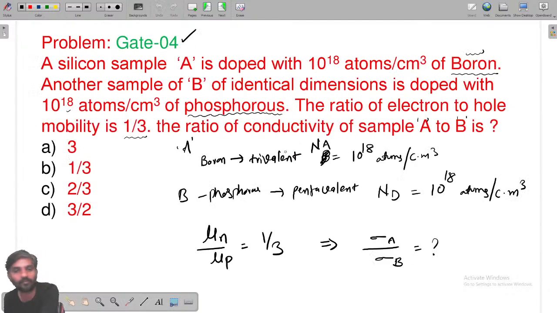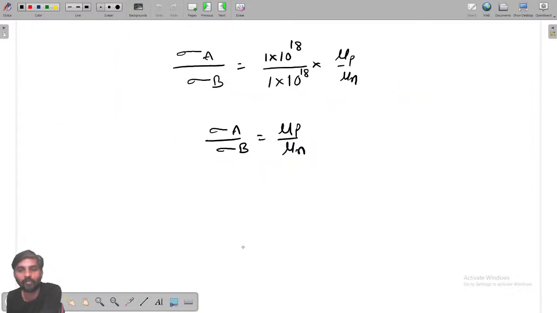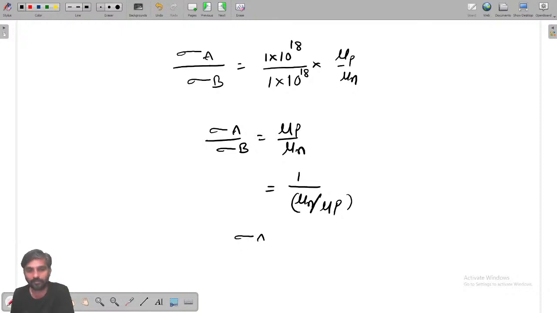Did he give any other? He has given mu N by mu P. Okay, simply I can write this as 1 by mu N by mu P. So sigma A by sigma B is equal to 1 by 1 by 3, so sigma A by sigma B is equal to 3.